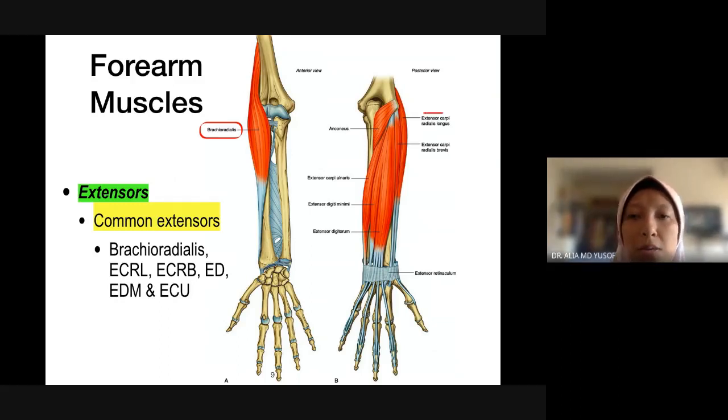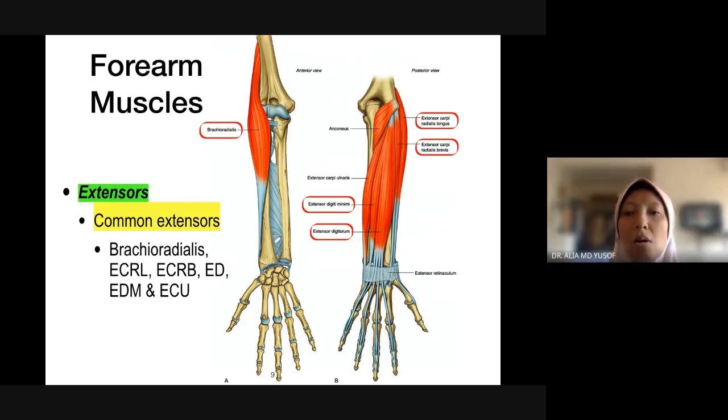Right, the other 4 muscles are the extensor carpi radialis longus muscle, extensor carpi radialis brevis muscle, extensor digitorum muscle, and extensor digiti minimi muscle. All these 4 arise from the lateral epicondyle of humerus, and the insertion is a little bit different from one to another.